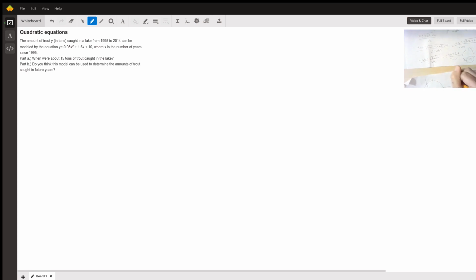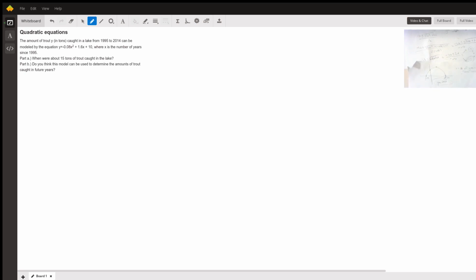This is important because remember, x equals the number of years since 1995. And so 25 plus 1995 is 2020. And so the 0 of this graph occurs at the year 2020.